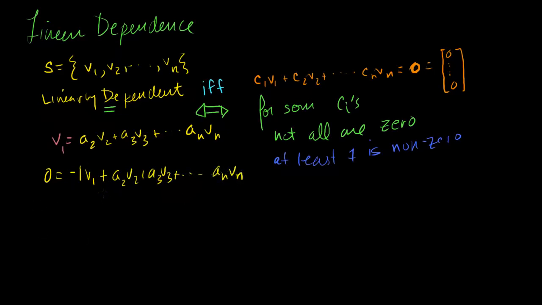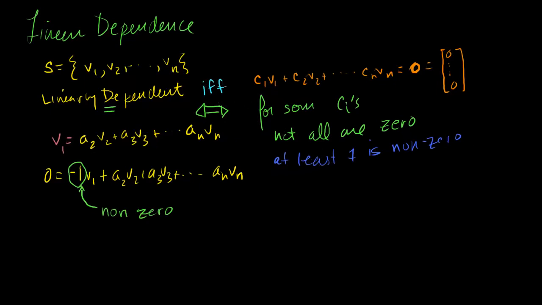That means I can represent this vector as a sum of the other vectors, which means that minus 1 times v1 plus some combination of the other vectors is equal to 0. So I've been able to satisfy this equation, and at least one of my constants is non-zero. So I've shown you that if I can represent one of the vectors by some of the other ones, then this condition is definitely going to be true.